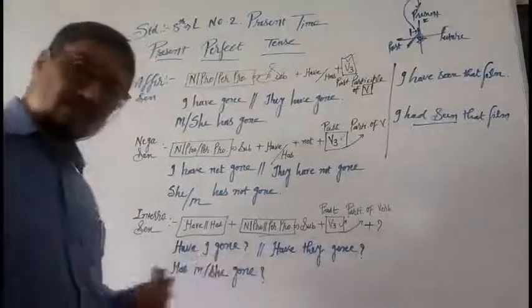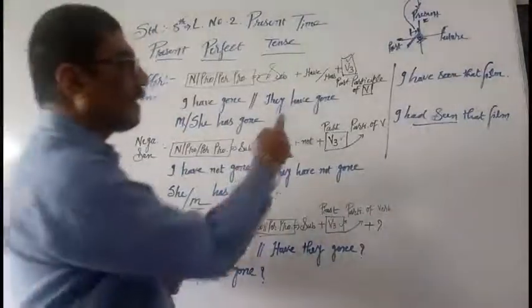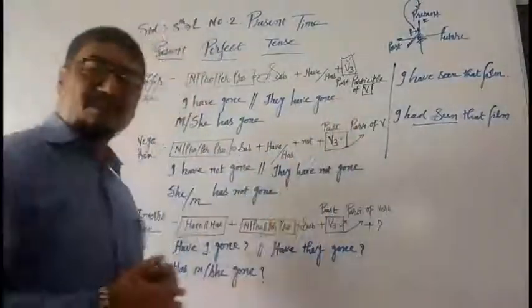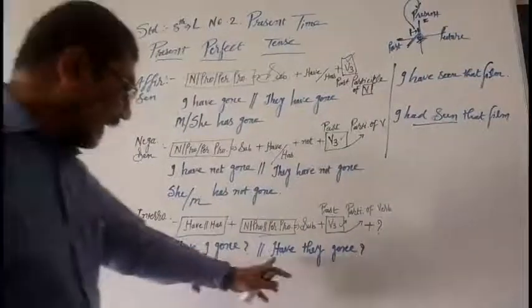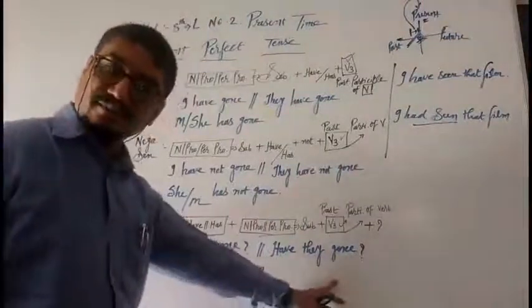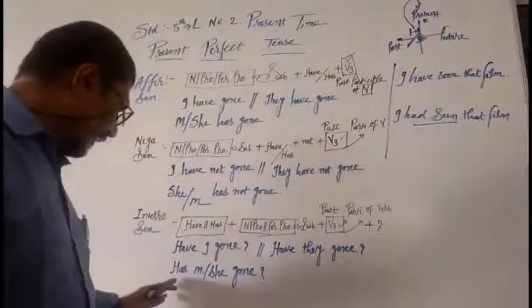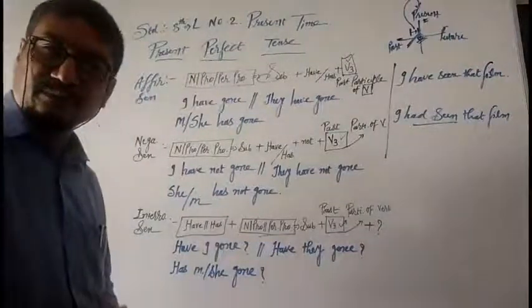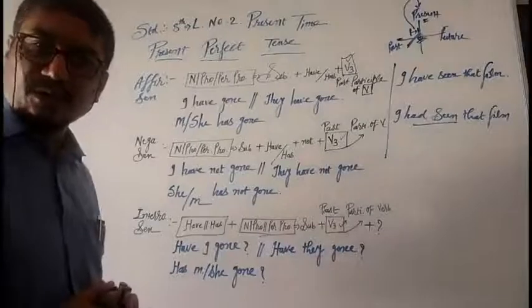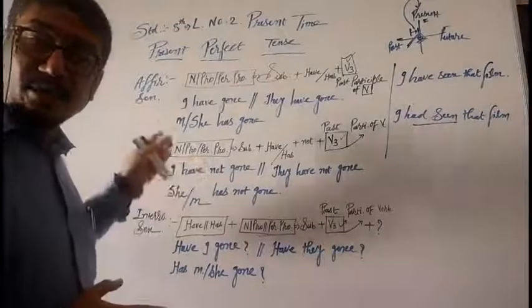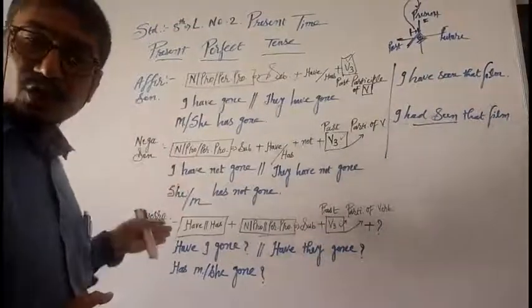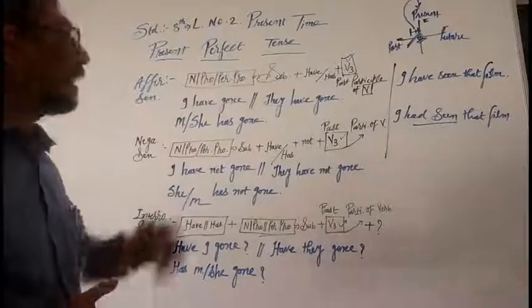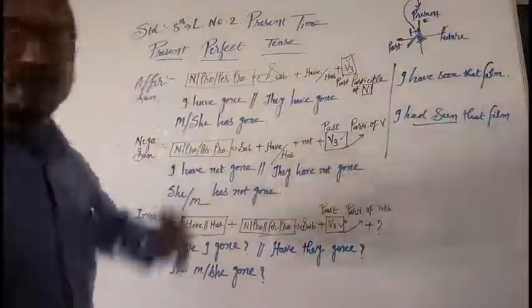Have I gone? Have I seen that film? Have they gone? Has Mira gone? In this way, we have completed the affirmative, negative, and interrogative sentence formula of present perfect tense.